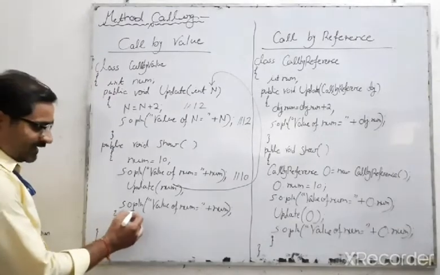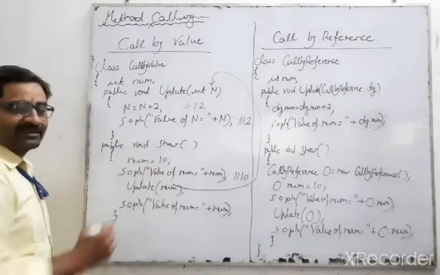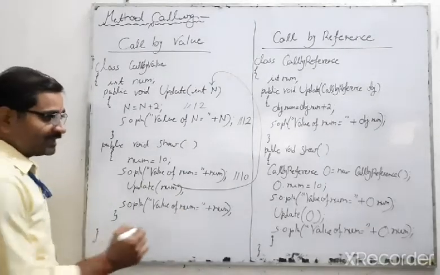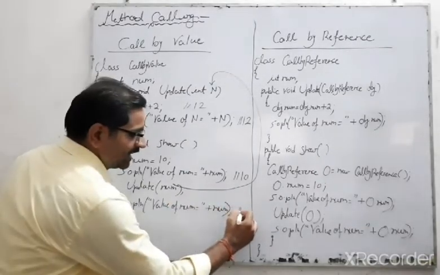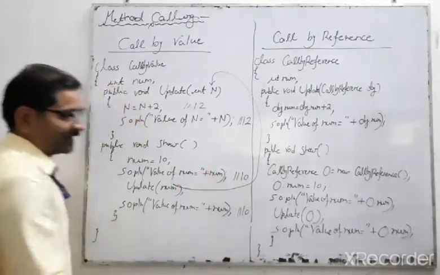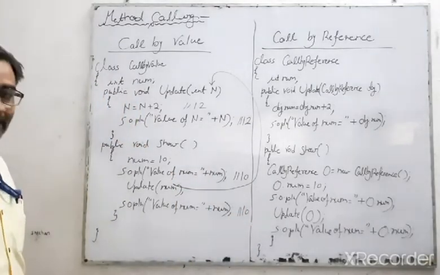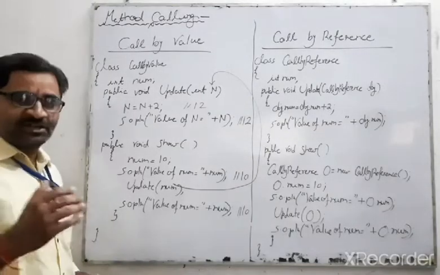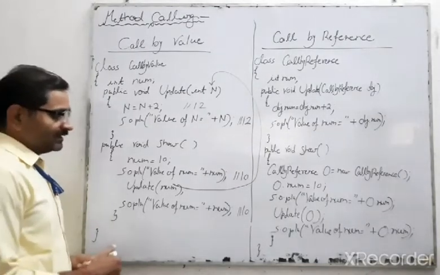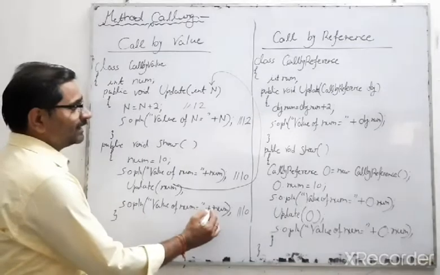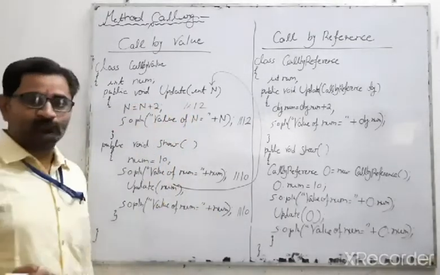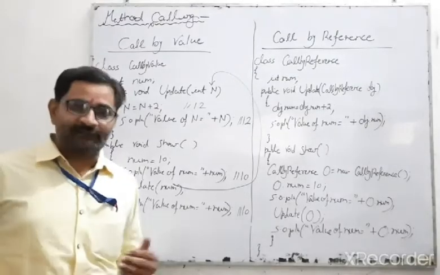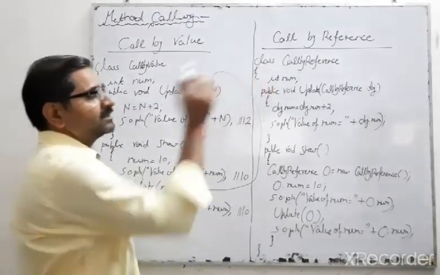Now the third and last statement in the show method, we print the value of num. Here again we get the output of num as 10. It means there is no connection between this statement and this method. And you can see the difference in call by reference.